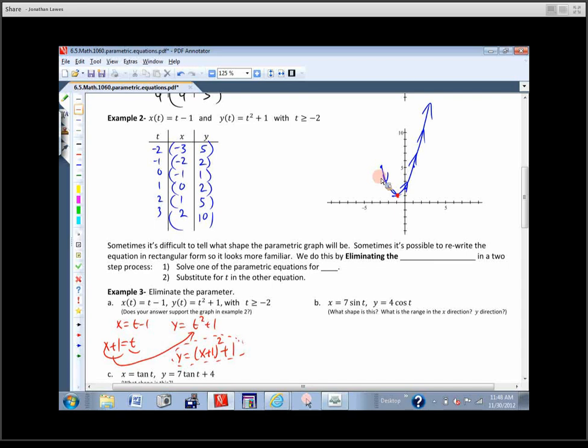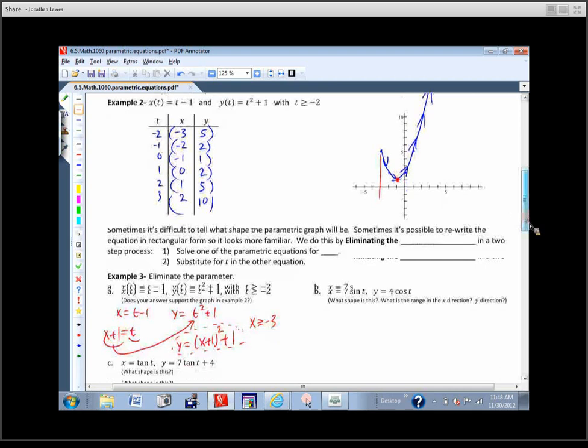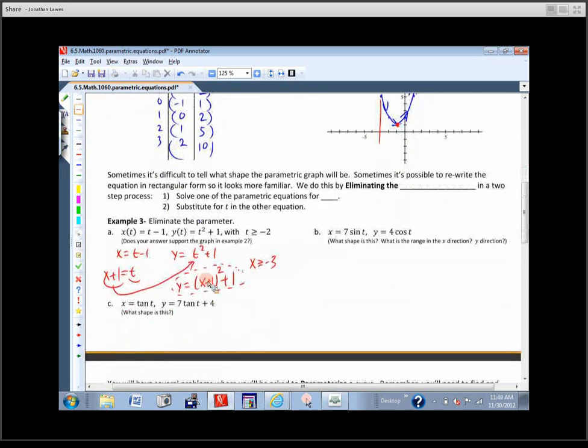It does. But again, with the rectangular curve, it's not the entire parabola. We'd want to say, hey, we can't have an x that's less than negative 3 or something like that. Okay? So we might want to add x has to be greater than or equal to negative 3. Because it's not the whole parabola. But it does help us look at it and say, oh, I know what that looks like.